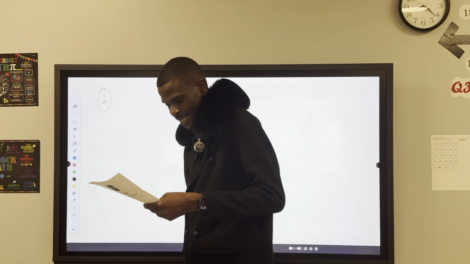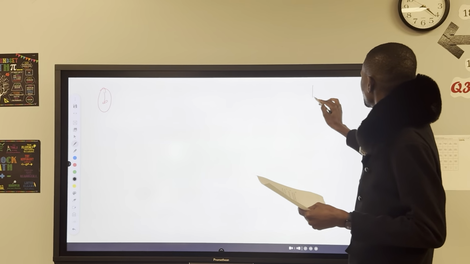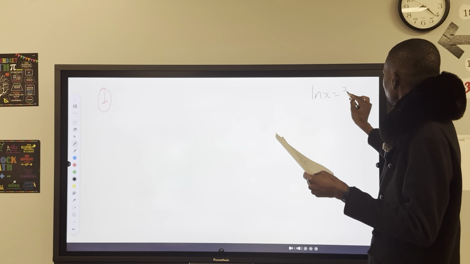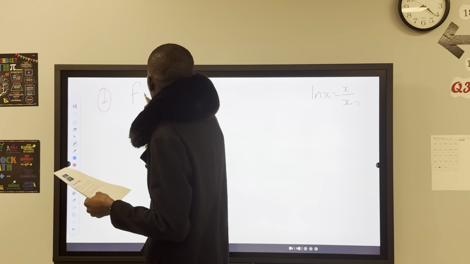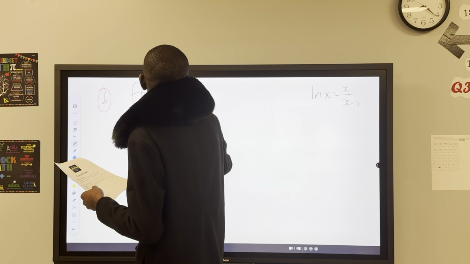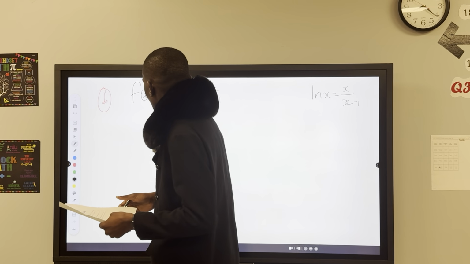Part B of the question is saying, show by calculation that one of the roots. So we had ln x equal to x over x minus 1. So we can rewrite this as natural log of x minus x over x minus 1.